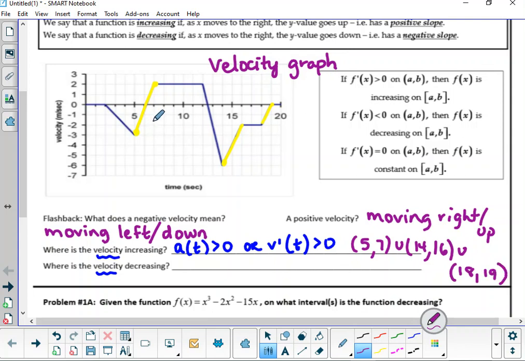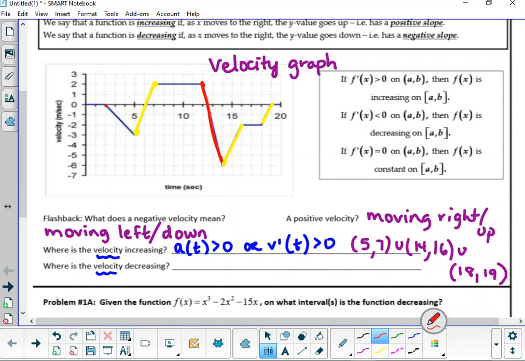Notice, it's irrelevant whether the velocity was positive or negative. When my velocity is increasing, I could know that because in those intervals of velocity increasing is where the slope of our velocity graph, or our acceleration, is positive. Here, here, and here. Okay. Velocity decreasing right there.